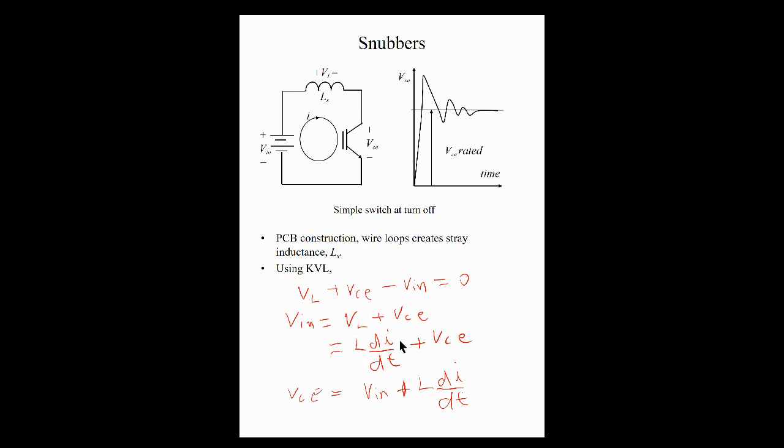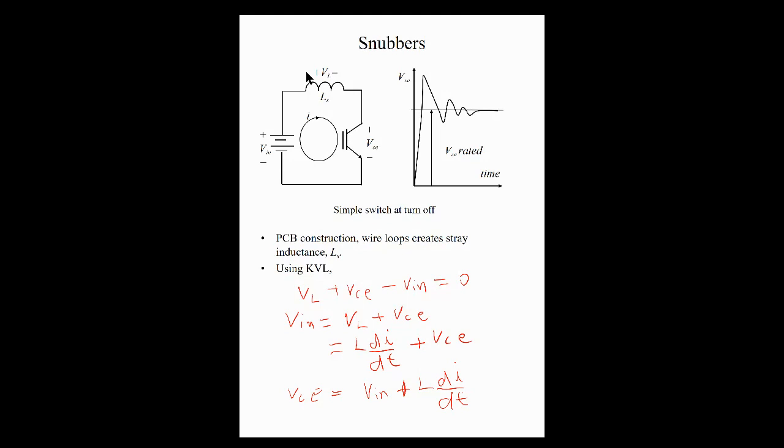We use Kirchhoff's voltage law here to write the equation in terms of voltage around the circuit. Then we make VCE the subject of the formula because we want to know the voltage across this device. We then analyze di/dt, that's the change in current with respect to time.